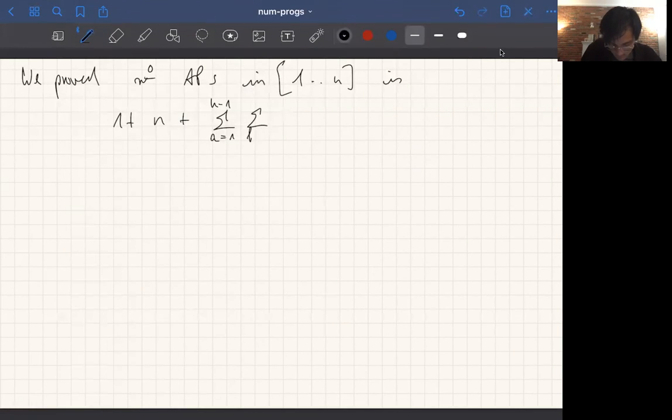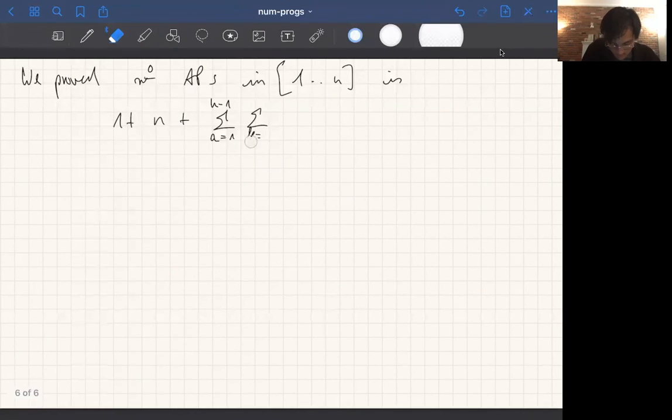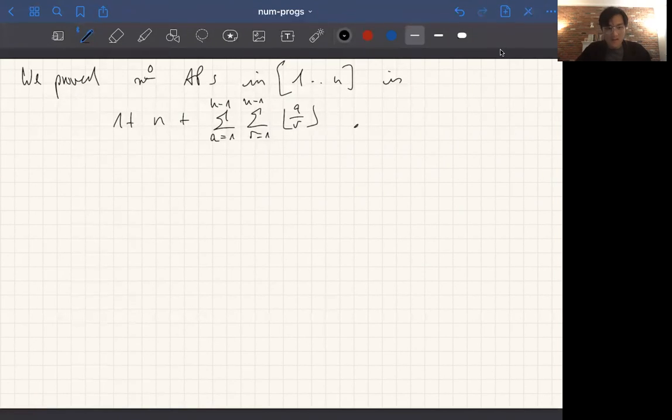Sorry. Is that k? No, it's r. Never mind. Sum over the step size, so r equals 1 to n minus 1. And how many lengths are there? There's a over r. Okay. And I think that should be all for this video.